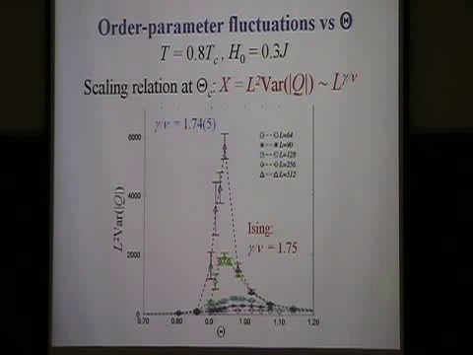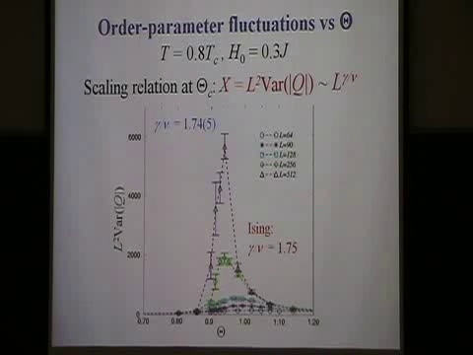We can also look at order parameter fluctuations, and here again we see something. Here I'm using L squared times the variance of Q, and you see it has a peak that sharpens up and comes closer and closer to the critical point.